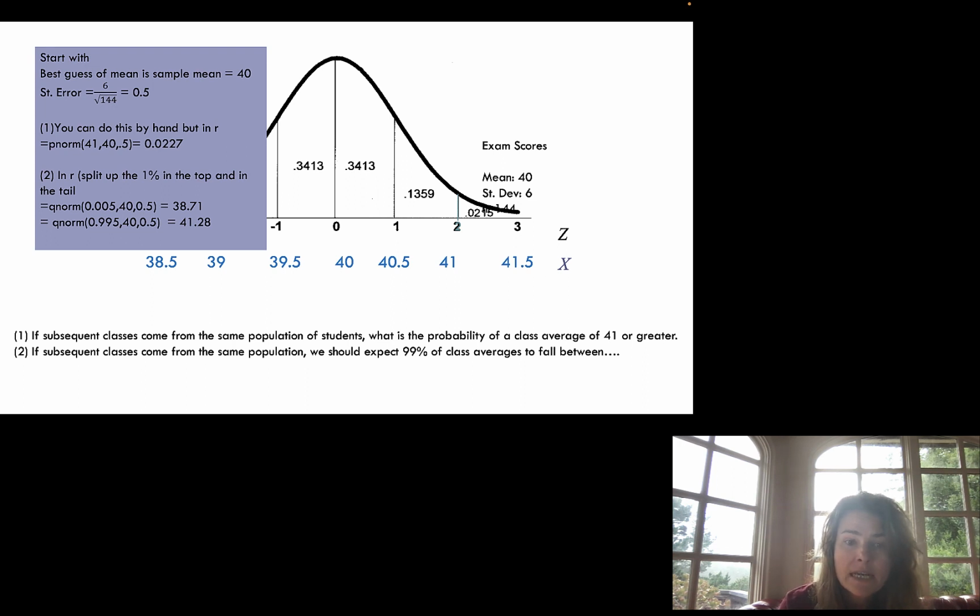If we want to build a 99% confidence interval, we split up that 1% and put 0.5% in one tail and 0.5% in the other tail and use our Q normal function. And that's going to give us that our 99% confidence interval is somewhere between 38.71 and 41.28.